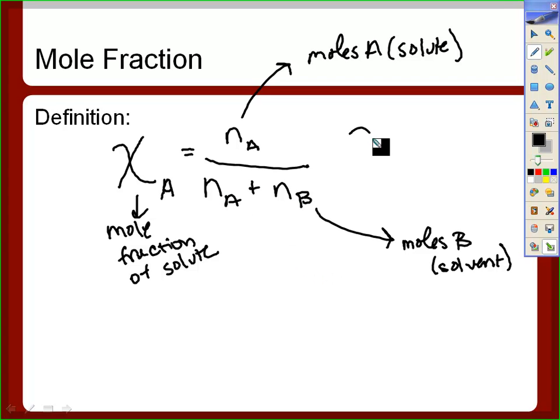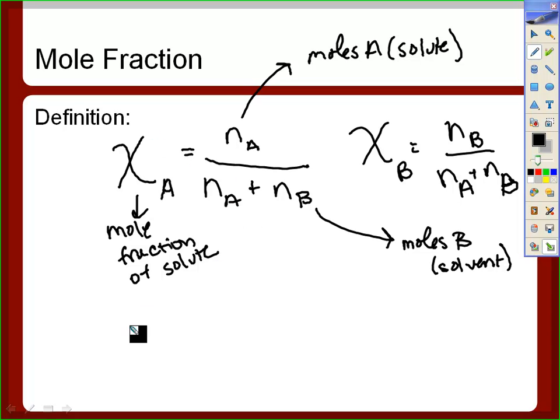You could do a mole fraction for your solvent if you wanted to. You just put the number of moles of B on the top, and it would still be the total number of moles of A plus B on the bottom. It's just that normally we don't care about the mole fraction of the solvent. We care about the mole fraction of the solute, just like we care about the molarity of the solute and the molality of the solute and the percent by mass of the solute, not the solvent.